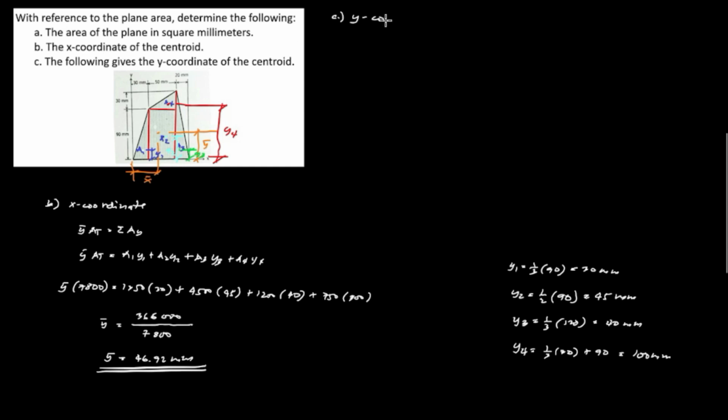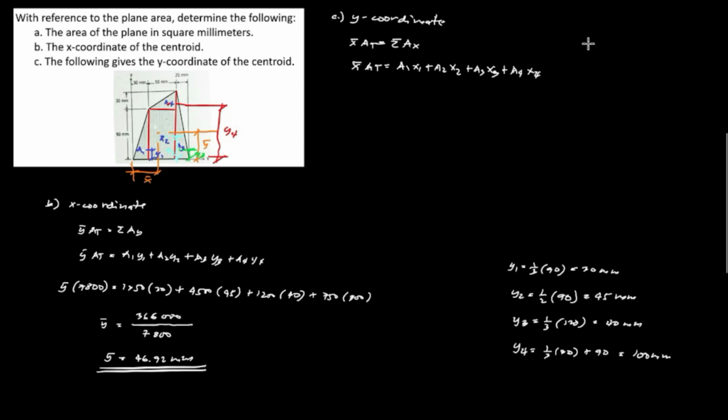So y coordinate, and we designate that as x bar. So the formula, x bar times area total is equal to the summation of all area times x, and this is area 1 x sub 1 plus area 2 x sub 2 plus area 3 x sub 3 plus area 4 x sub 4, and this is x bar a total.